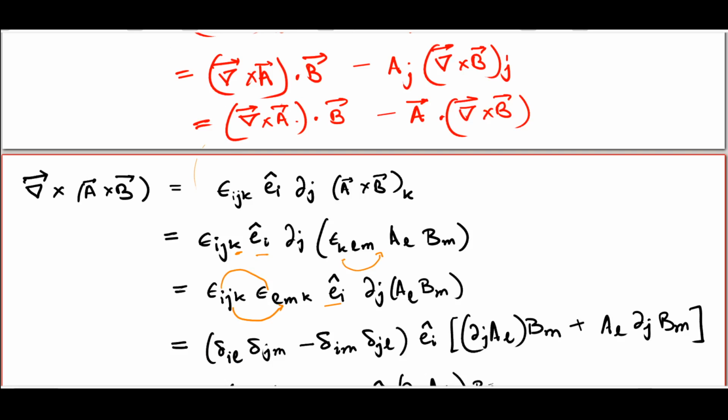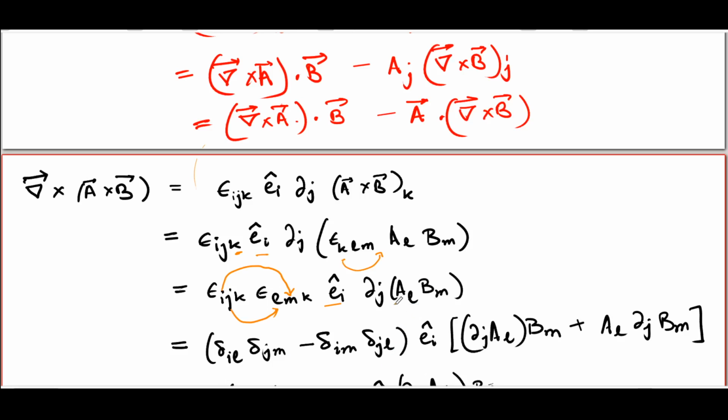And then you take the first index, that is i here, with the second index, that's m there, and the second index here goes with the first one, which is of course l. So I end up with delta il delta jm minus delta im delta jl.